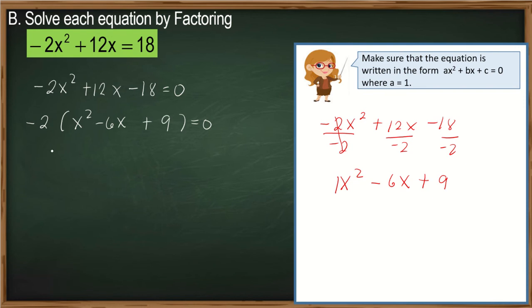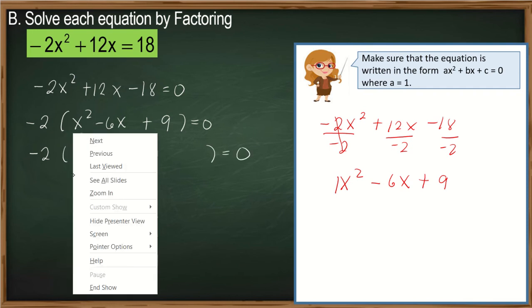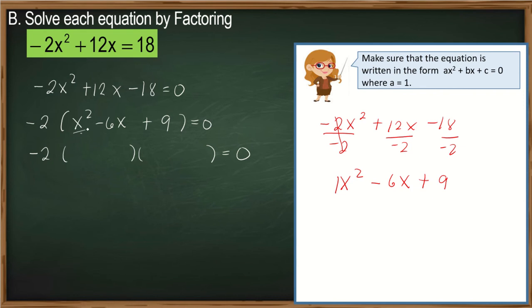Okay, so we continue with finding the factors of x squared minus 6x plus 9. Let's copy negative 2. So equals 0. Okay, let's start with x squared. What are the factors of x squared? So we have x times x. How about the factors of positive 9?